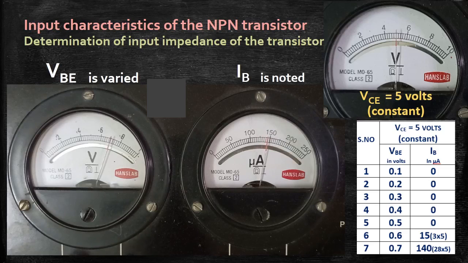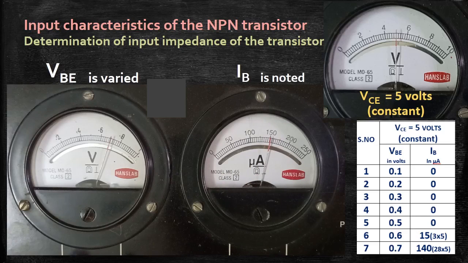Are you clear? Now it is exactly at 0.7 volt. It is coinciding with the 28th division. So 28 into 5, how much? 140. The 28th division is coinciding, least count is 5. 28 into 5 is 140 microampere is the IB value.